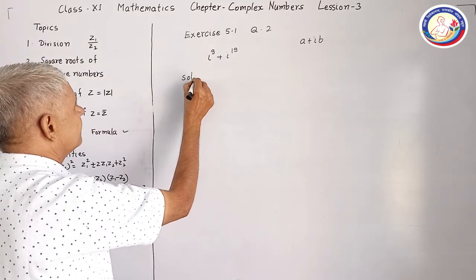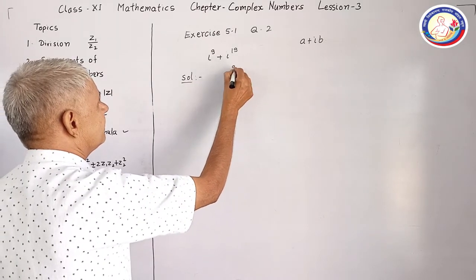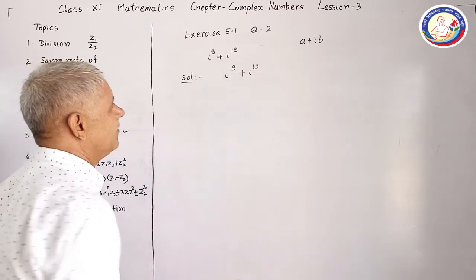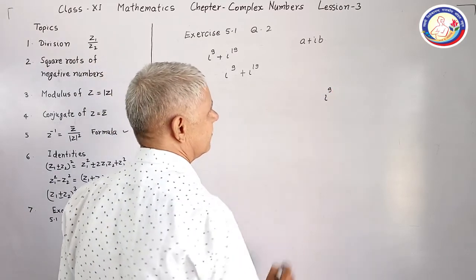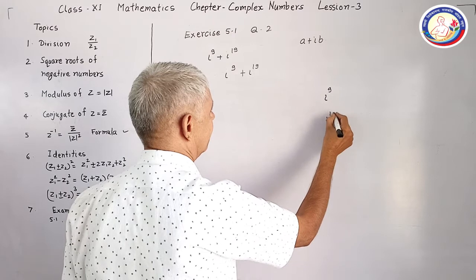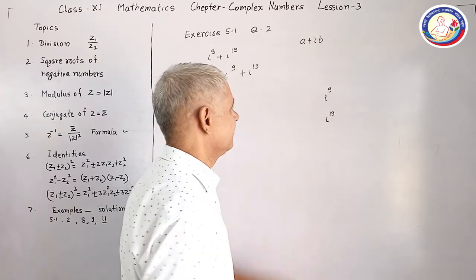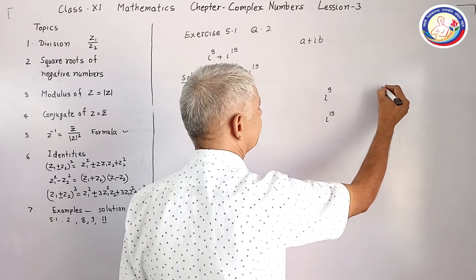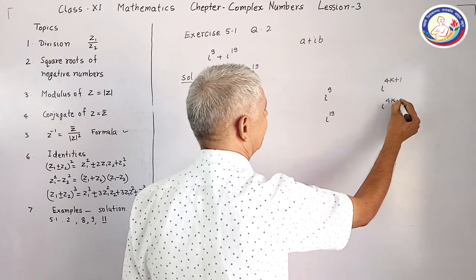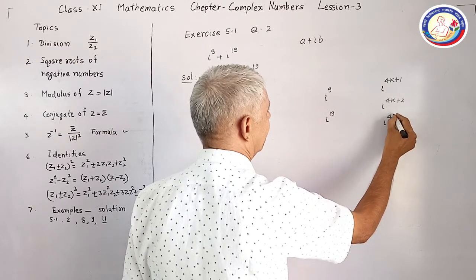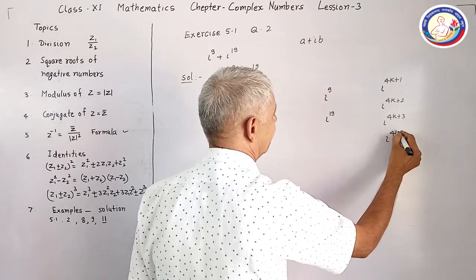Solution. From our knowledge, I am explaining it towards this side. Iota 9 and iota 19. What will be the simplest form of these two quantities? Iota raised to power 4k plus 1, iota raised to power 4k plus 2, iota raised to power 4k plus 3 and iota raised to power 4k.